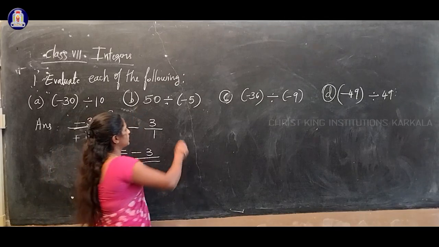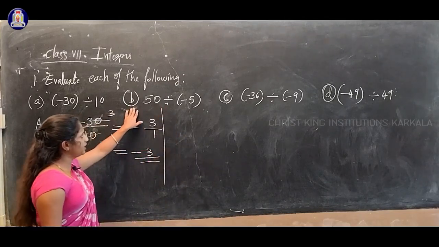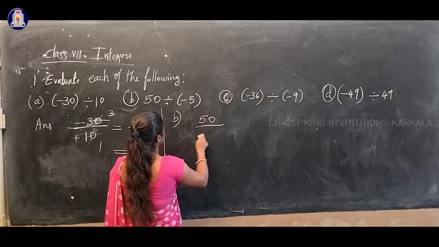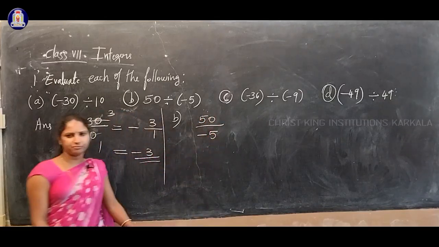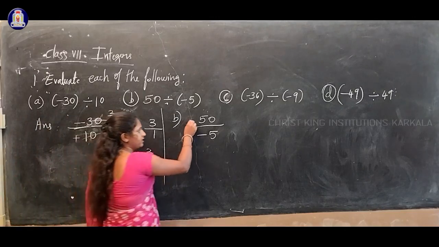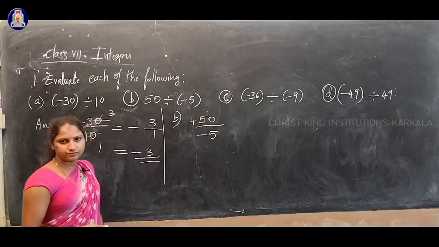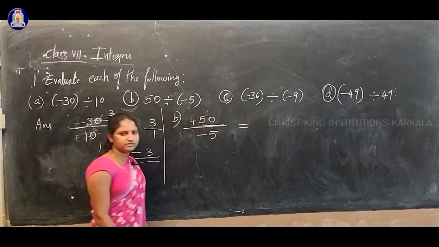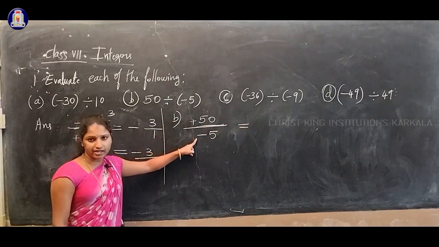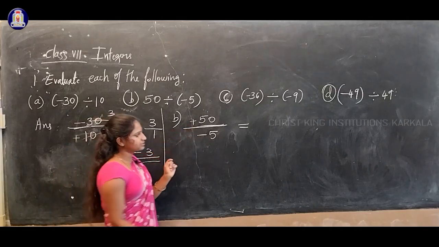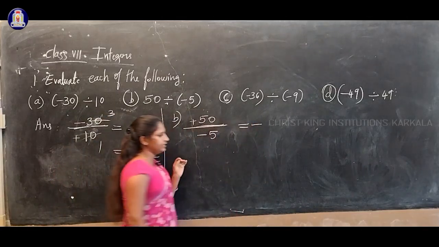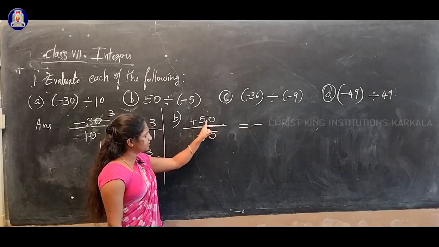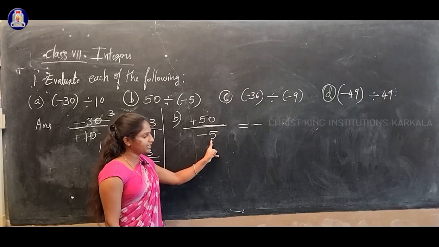Now see the second question B, that is 50 divided by minus 5. That means plus 50 divided by minus 5. Now see, your sign is plus and here it is minus. You know, plus minus minus, different signs, right? The number in the numerator is 50 and in the denominator is 5.